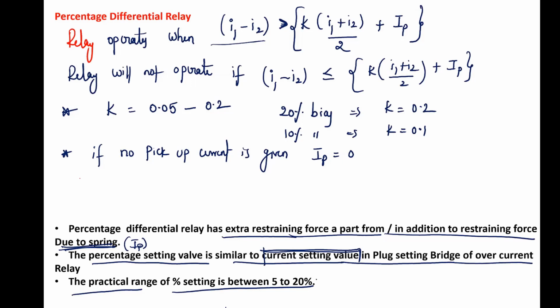Okay. Next, the relay operating region. This is the operating region of the percentage current differential relay.